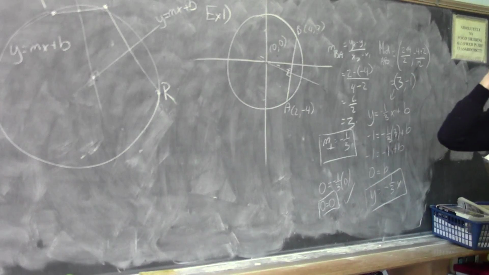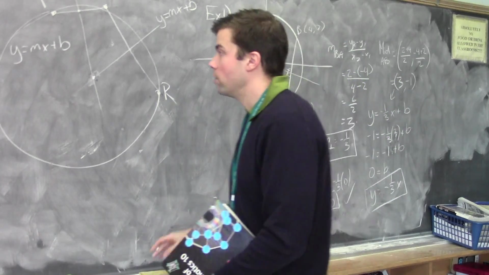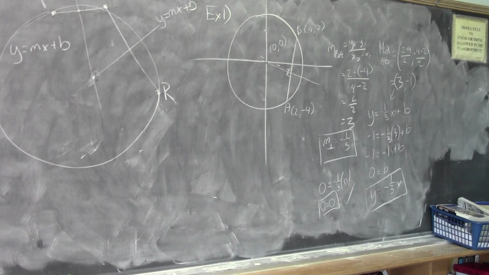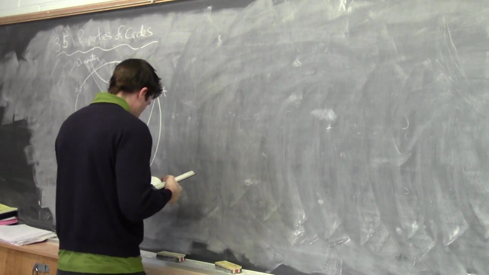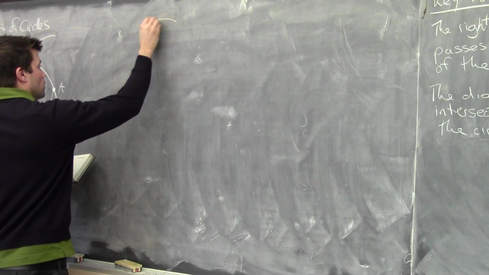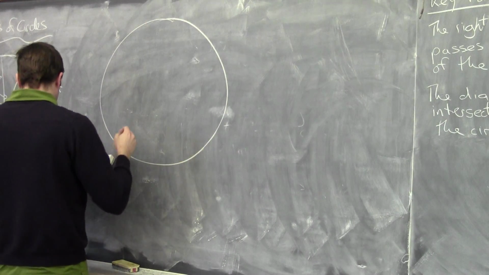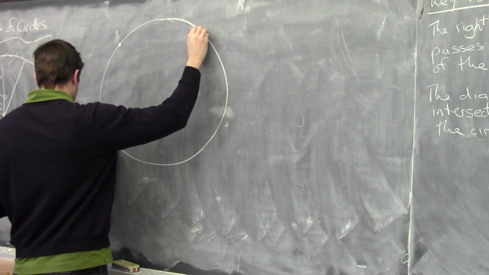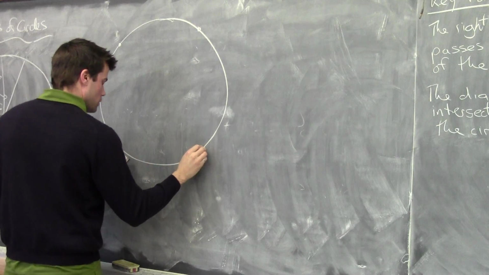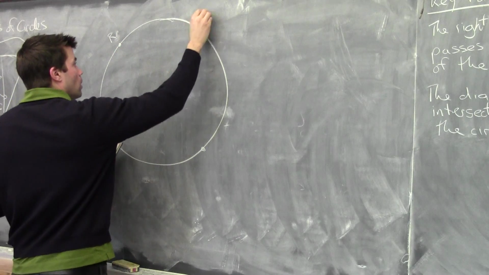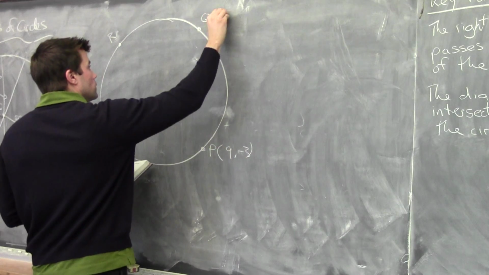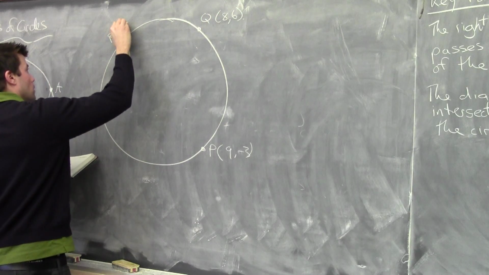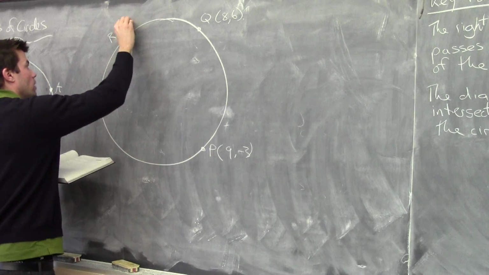It says, show that the points P, Q, and R lie on a circle with its center 4, 1. You guys should be writing this down, right? Not talking.